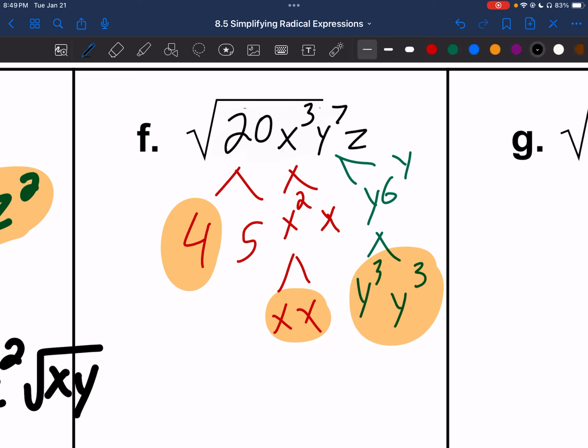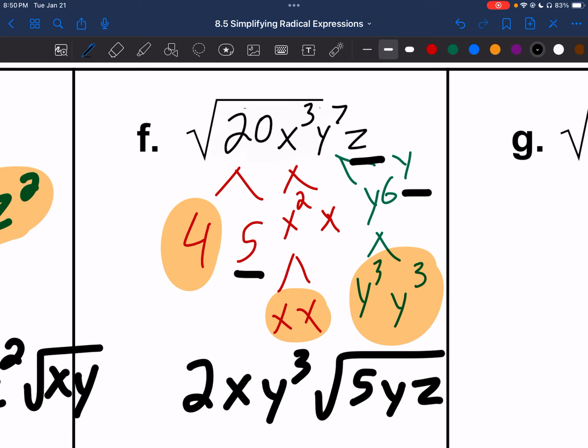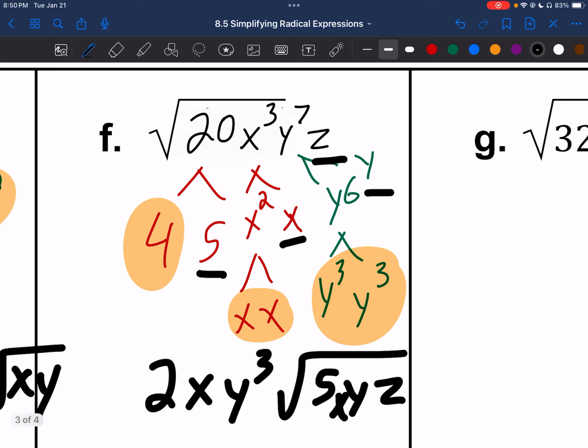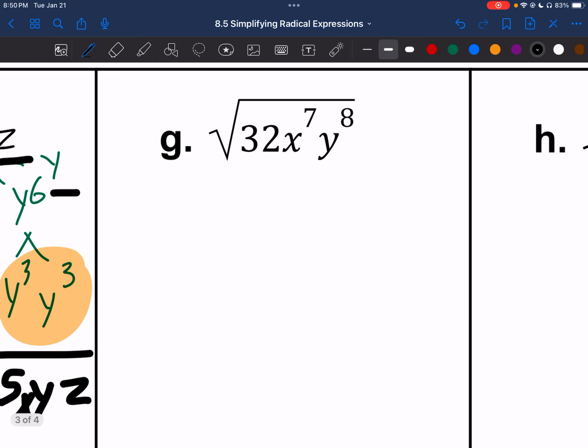We have a 5, we have a y, we have a z, so 5yz. And we have an x, so it's square root of 5xyz, and on the outside, it's 2x y cubed.